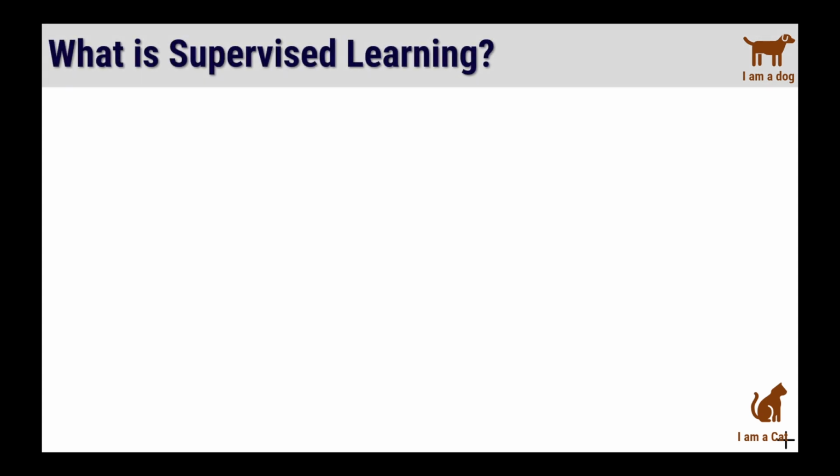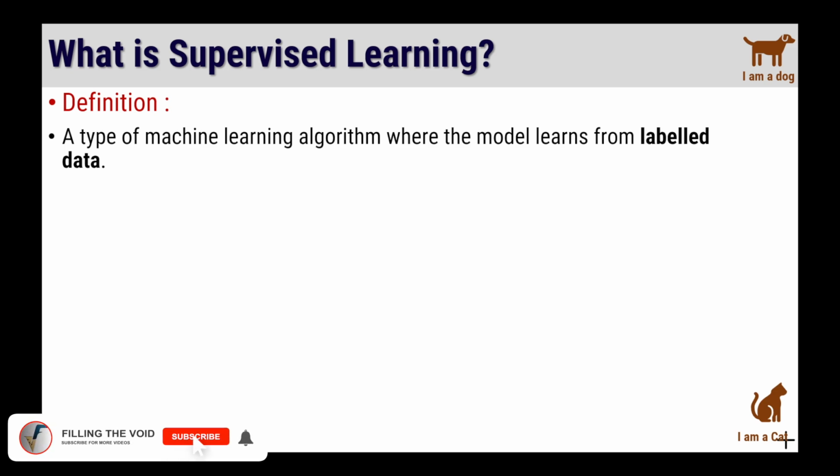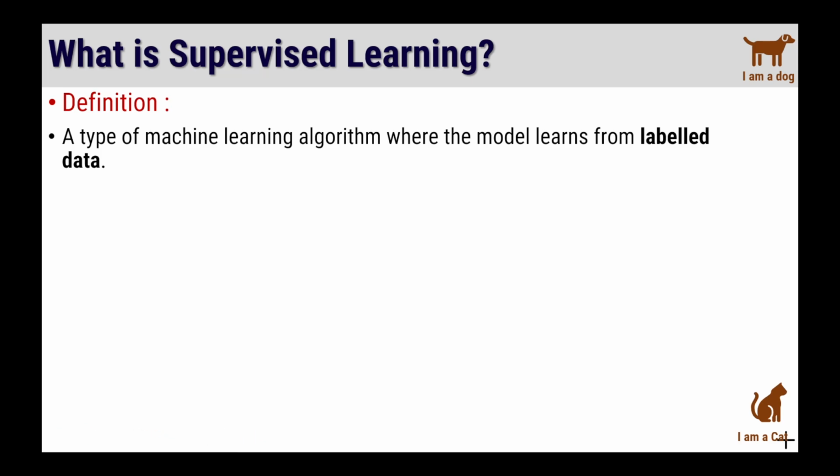So let's go ahead and understand what is supervised machine learning. See, supervised machine learning is a type of machine learning algorithm where the model learns from labeled data. Means the data where input features are labeled or tagged with output labels.